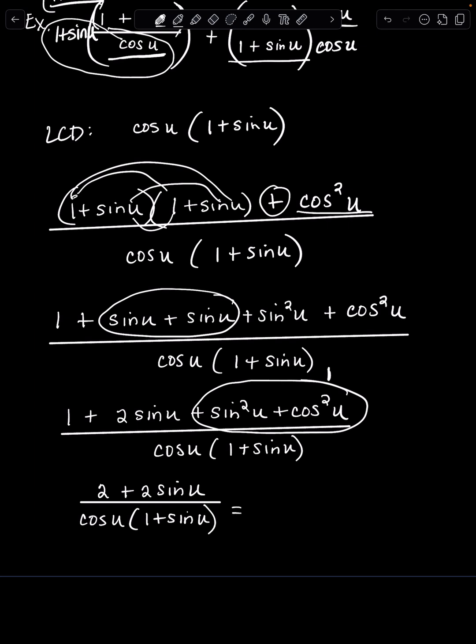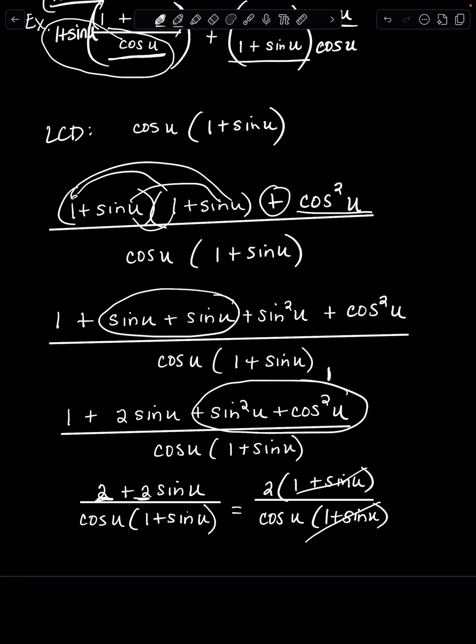All right, one more thing we can do to simplify this. Notice I have a 2 in both of those terms, so I could factor out a 2. When I factor out a 2, I'm left with 1 plus the sine of u, all over the cosine of u times 1 plus the sine of u. Now I am multiplying, so I can cancel factors.